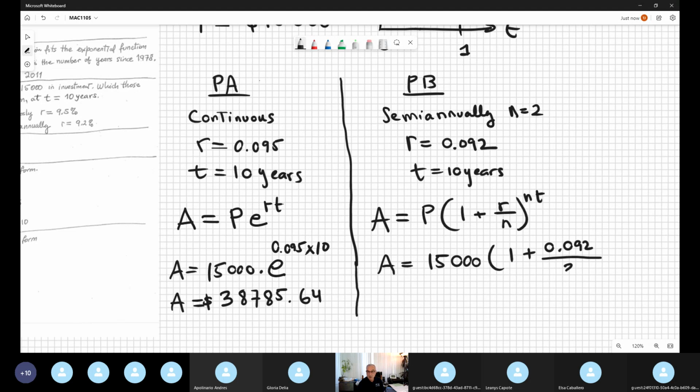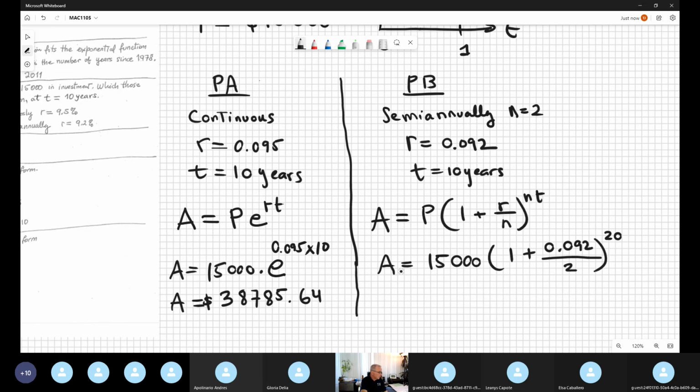M is 2, and the exponent is the multiplication, N times T is 20. It's 20 because semi-annually in 10 years we have 20 periods in total. So you put 15,000, don't forget the 000.